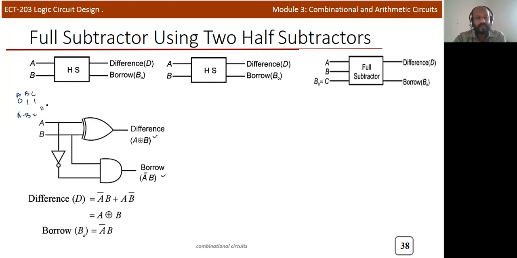So definitely difference and borrow will be there. So it becomes difference is equal to 1 and borrow is equal to 1. Again, you need to perform the subtraction operation by using difference minus C. 1 minus C. Again, you will get difference and borrow.